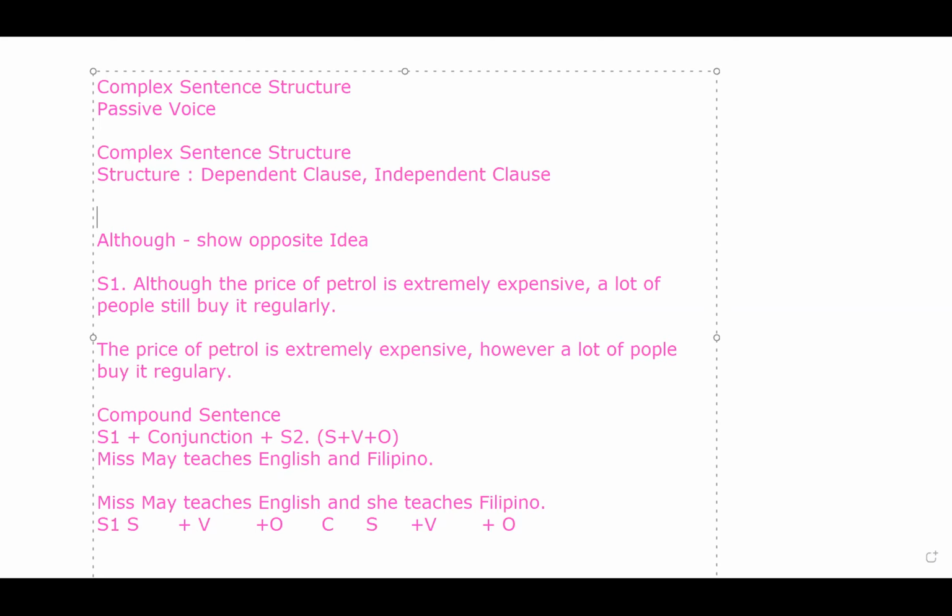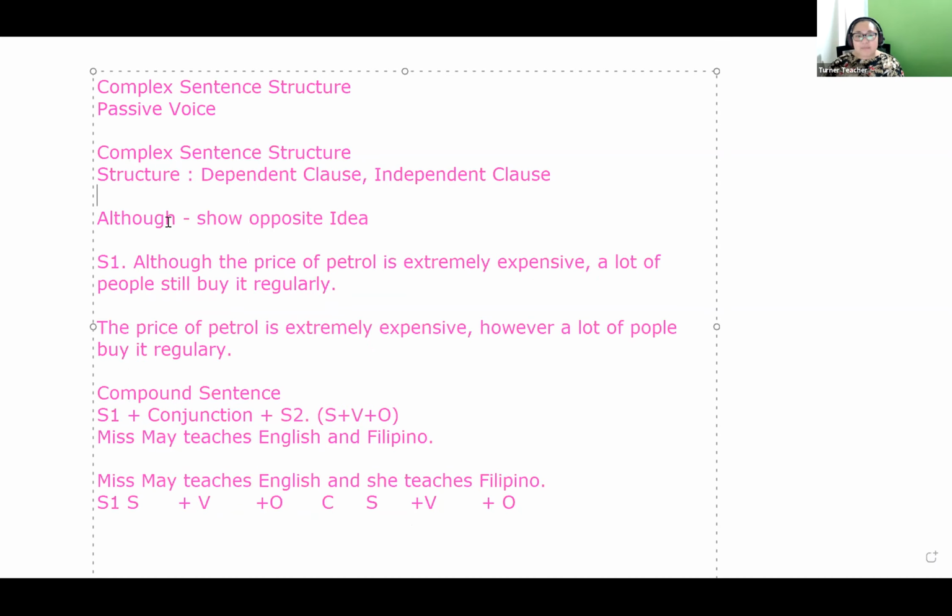As much as I want to teach you all, it's going to be more confusing because it has all different functions. But for today, what we're trying to do is to use a complex sentence to show opposite ideas. Okay? And once we become expert on this, we'll move on to different functions of complex sentence structure.